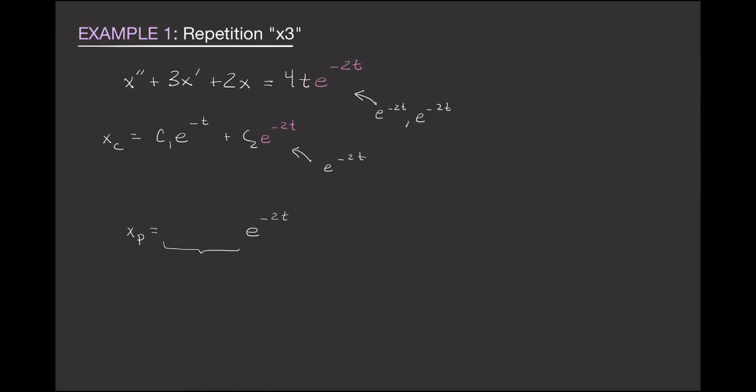If there was no repetition, that something would just be, let's say, capital A. But because there is repetition, we multiply by a polynomial. And that's all there is to it. You're just scaling it by an appropriate polynomial.